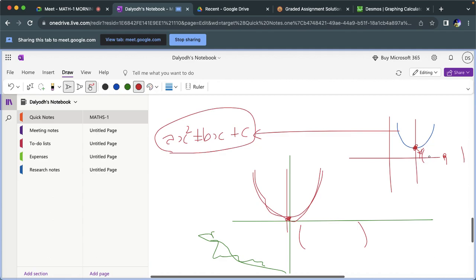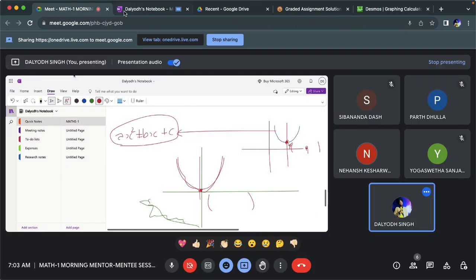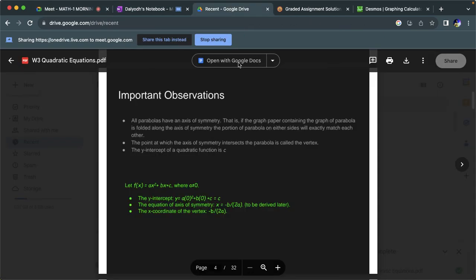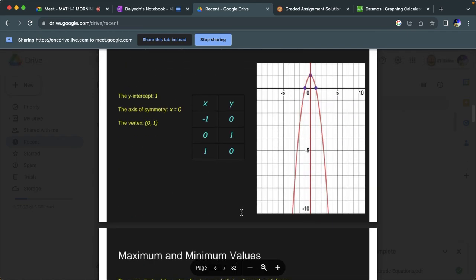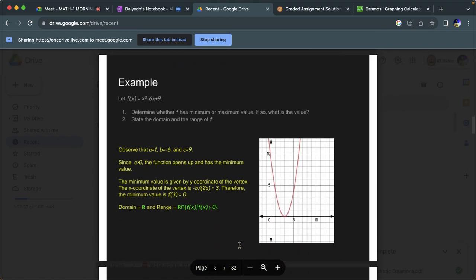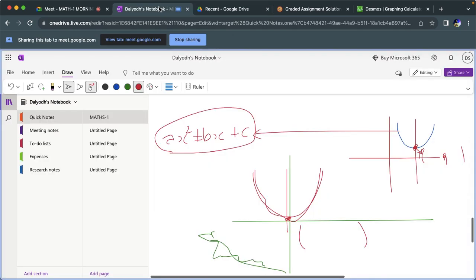How can you write this point? The vertex point will be minus b upon 2a. But how can you say that it is minus b upon 2a? Is there any method to find that?